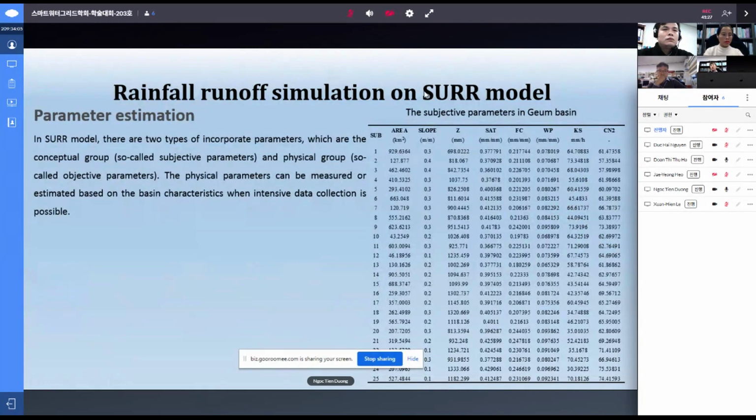About the rainfall runoff simulation and parameter estimates, in this table I show the subjective parameters in Rhone River.